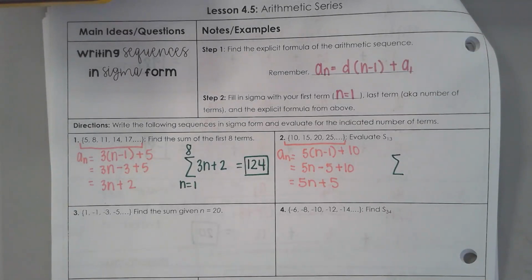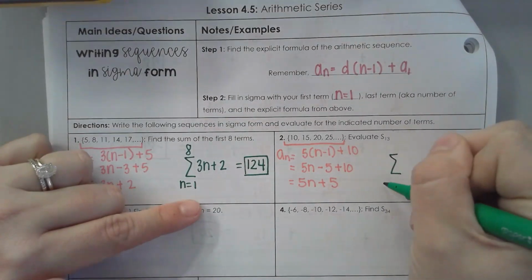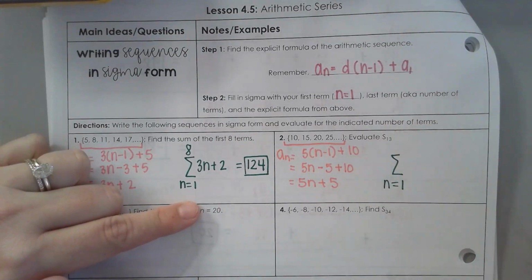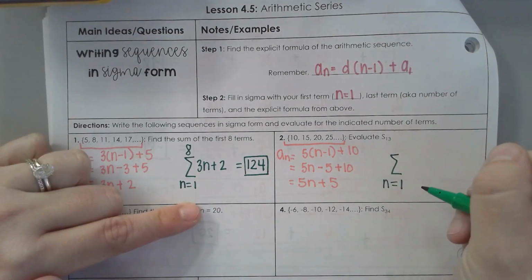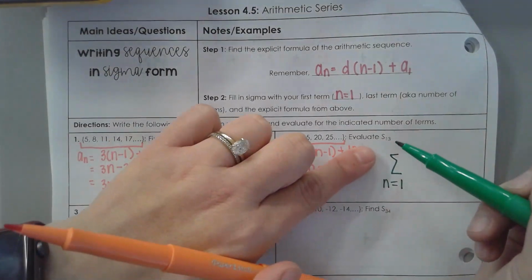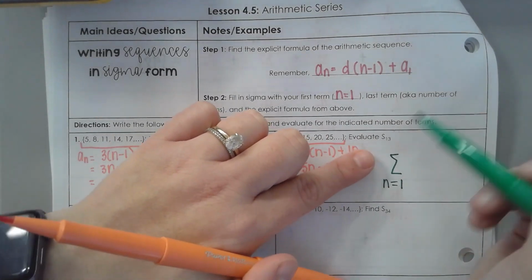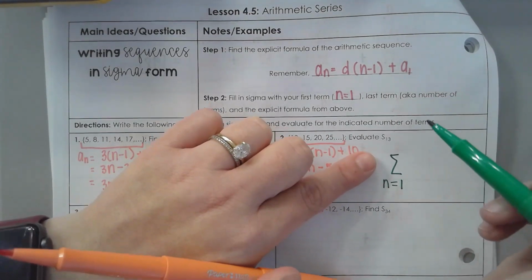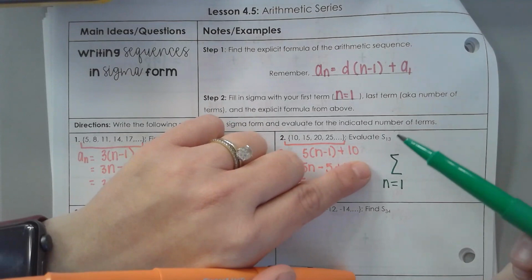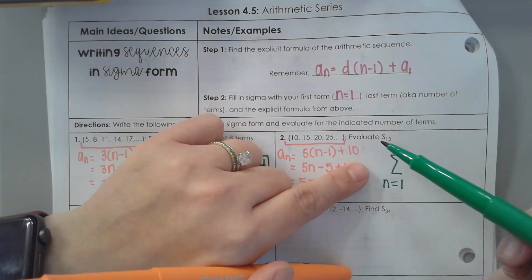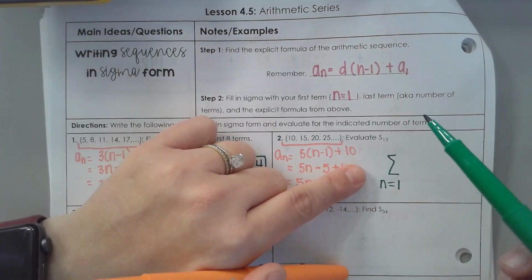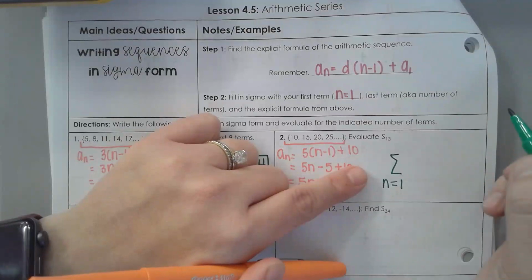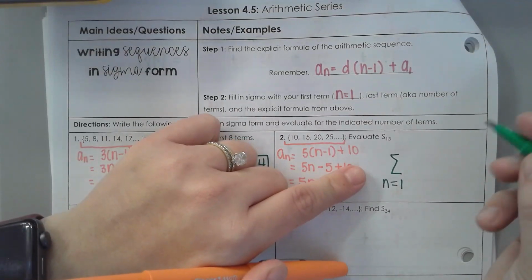Now I've got sigma. I am going to start with my first term. So n equals 1. Now this one, I wrote it a little bit differently because I want you to see that your questions could be worded several different ways. It says evaluate S13. That means the sum of the first 13 terms.